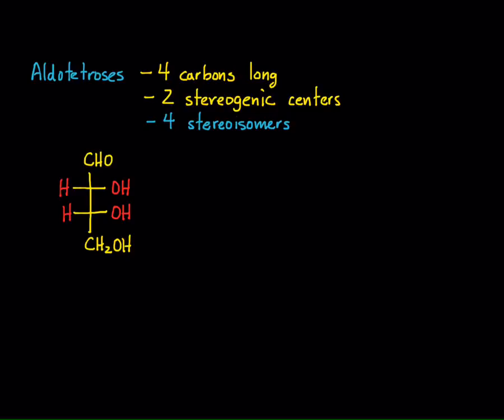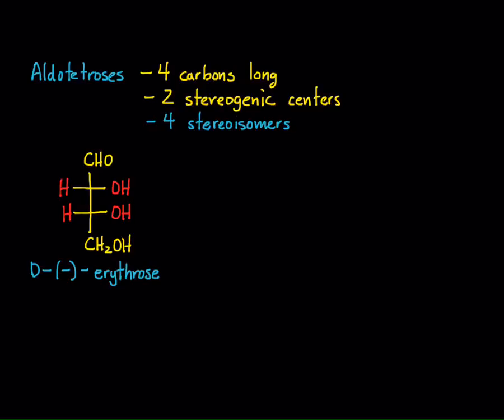So we have D. Now it happens that when you take D-erythrose and put it in plane polarized light, it rotates it counterclockwise. So it's minus erythrose, D-minus erythrose.